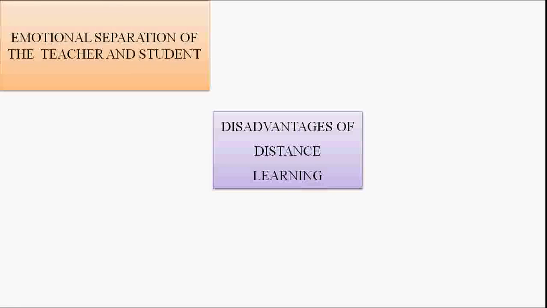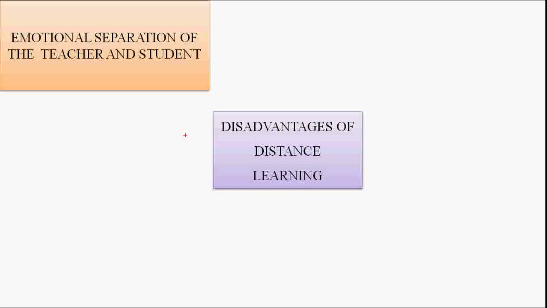If you do not go to the educational institution, that means there is no direct interaction between the teacher and the student. If direct interaction is not there, you will get only subjective knowledge by studying on your own. So the emotional relation is not available there.